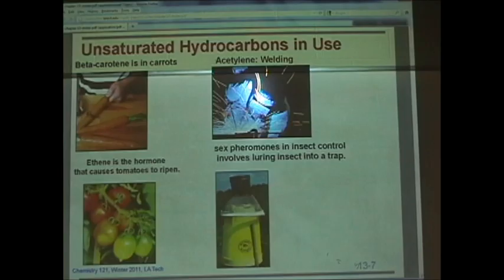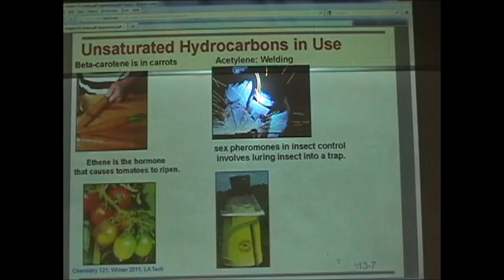The other one is ripening. The other application is ethene. Ethene is what causes tomatoes to ripen. This is being used in Walmart. When you transport produce, you cannot transport it in a ripened form, like bananas or tomatoes.